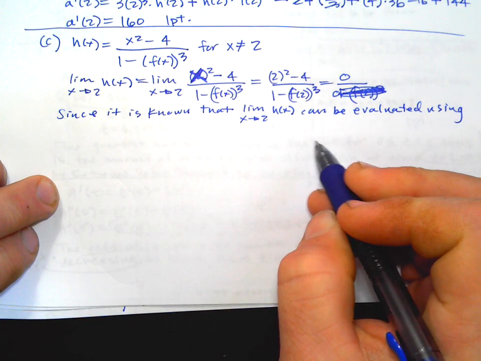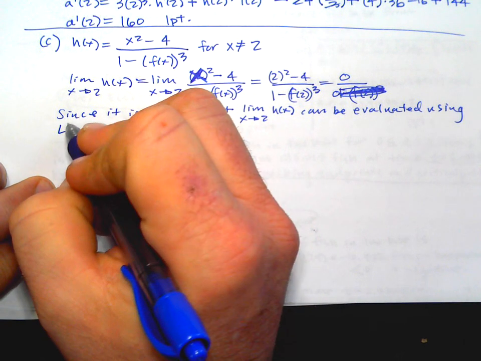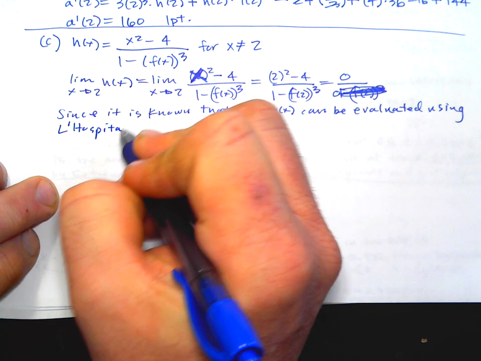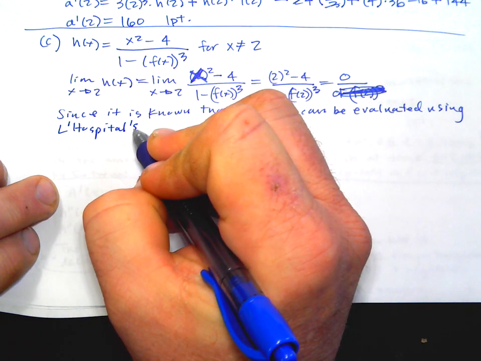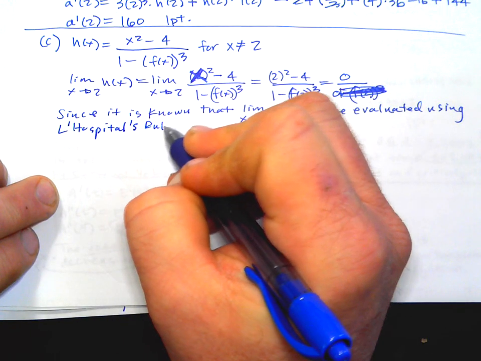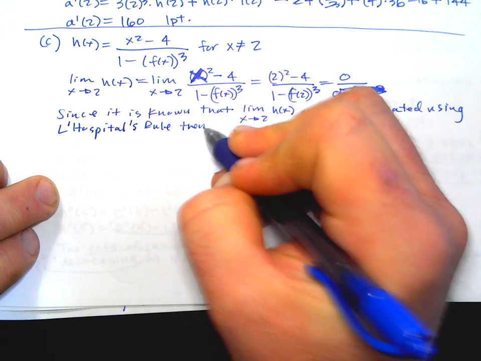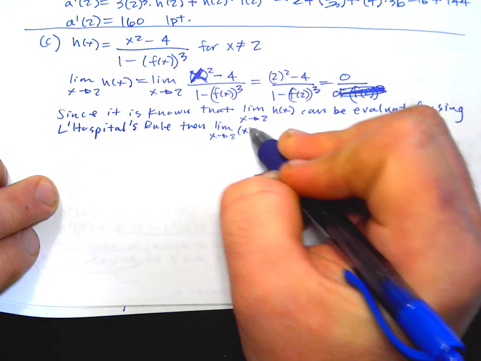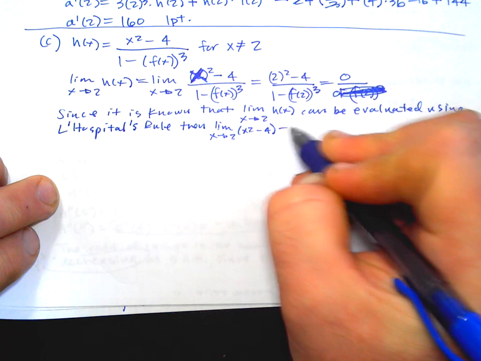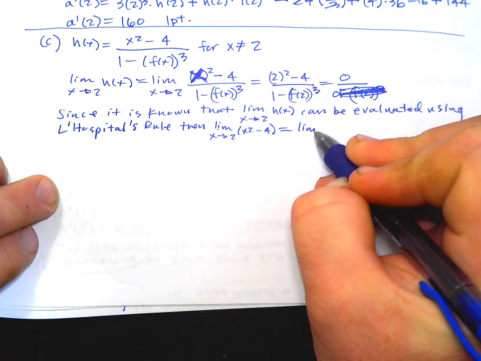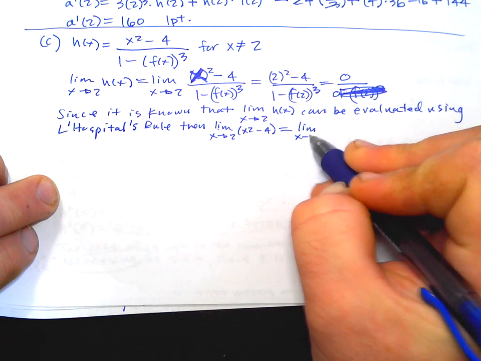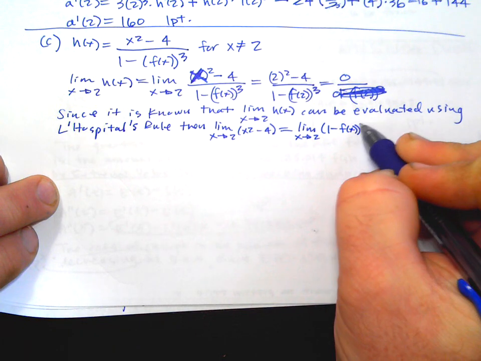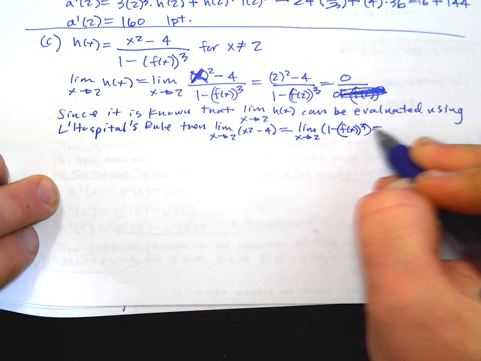So since we know it can be evaluated using L'Hopital's rule, also, by the way, this is another different spelling of his name, L'Hopital's rule, then the limit as x approaches 2 of the top, this is what you would usually write on a free response problem if you're going to use L'Hopital's rule. You'd say, well, the limit of the top equals the limit of the bottom, and they both equal 0.